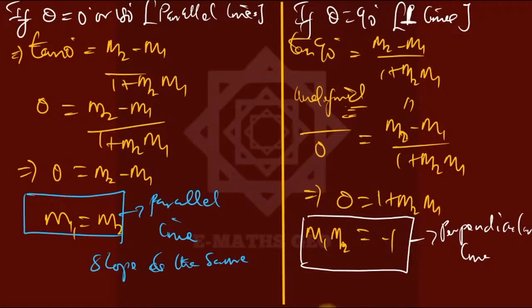If you want to get m1, it's minus 1 over m2, or m2 equals minus 1 over m1. So that's the condition for two lines to be parallel and perpendicular.